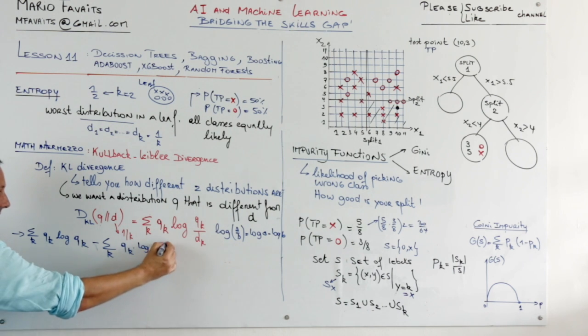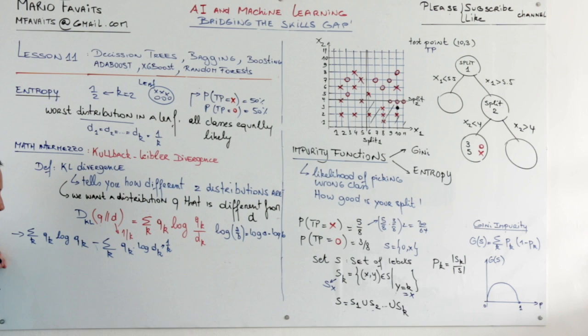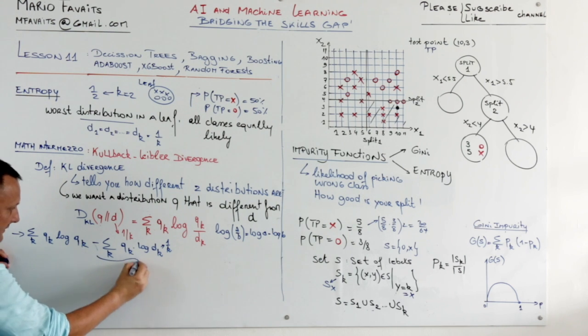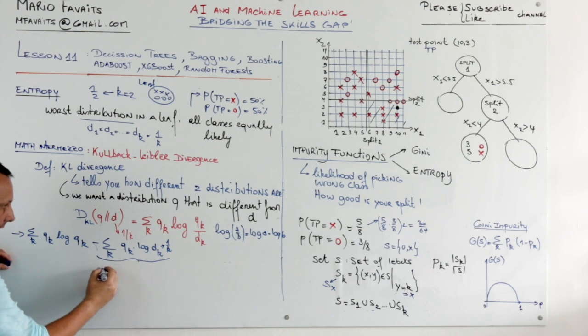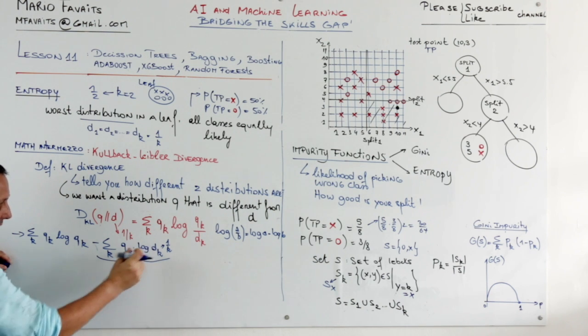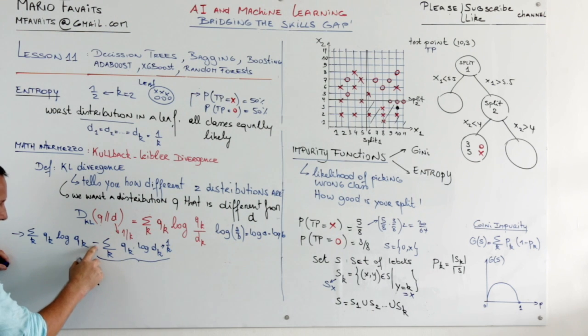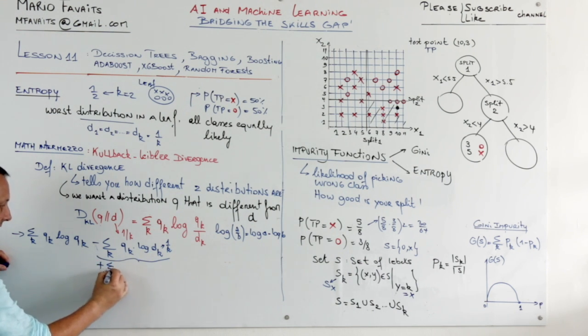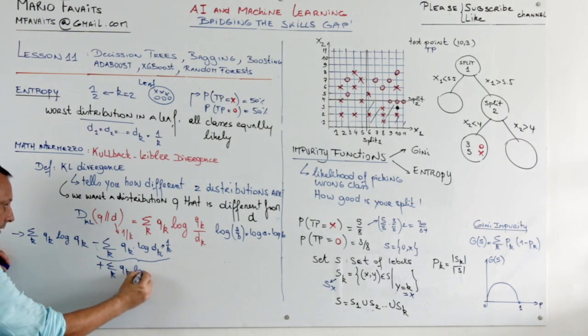And we know that dk is 1 over k. So the log of 1 over k is minus the log of k, and the minus of this one and minus the log of k becomes a plus. So it's the sum over k of qk times the log of k.